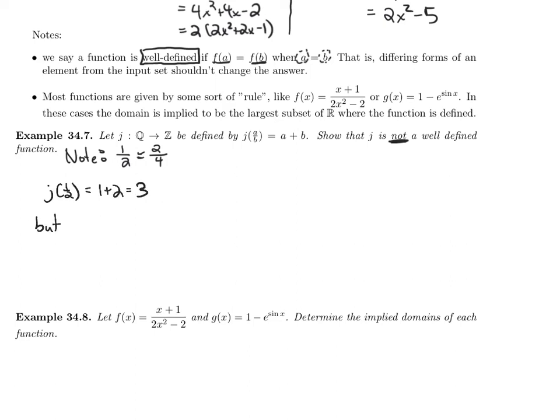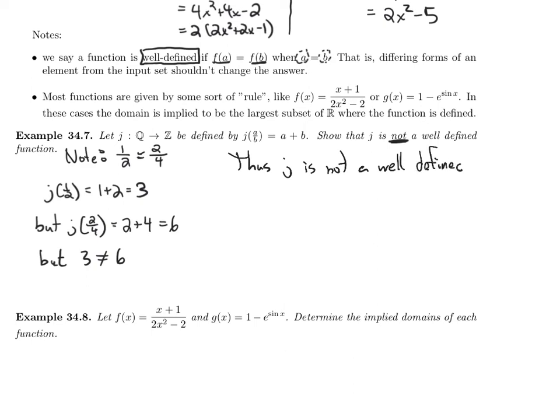But j of 2 quarters, remember a half equals 2 quarters, just written differently, is 2 plus 4, which is 6. But these two outputs, 3 and 6, aren't the same, even though I plugged in the same number, just written in a different form. So the inputs are equal, but the outputs aren't. So that means our function j is not a well-defined function.